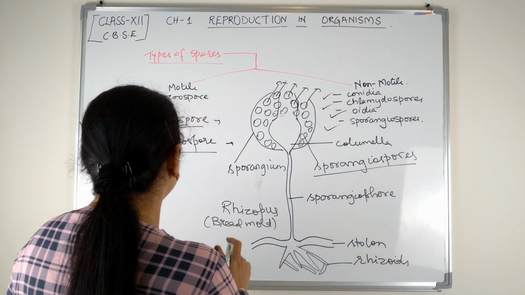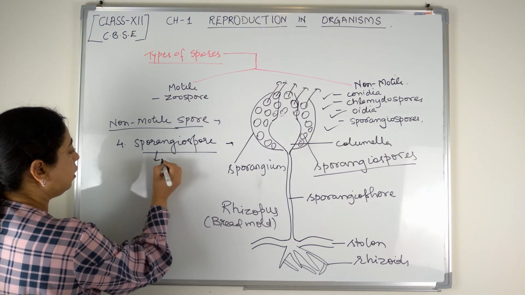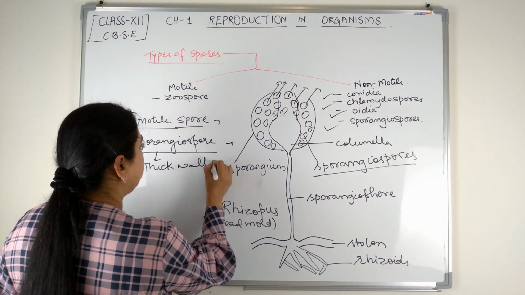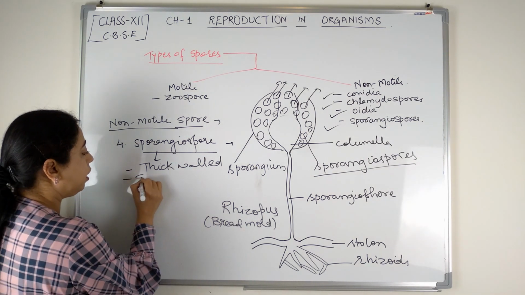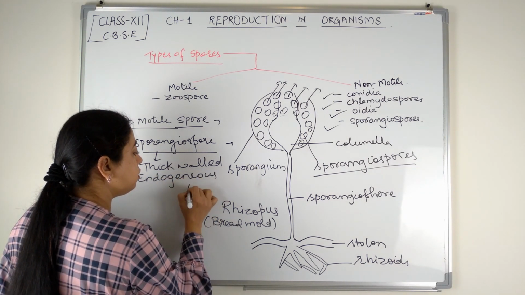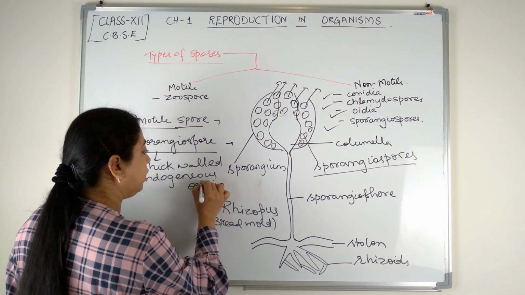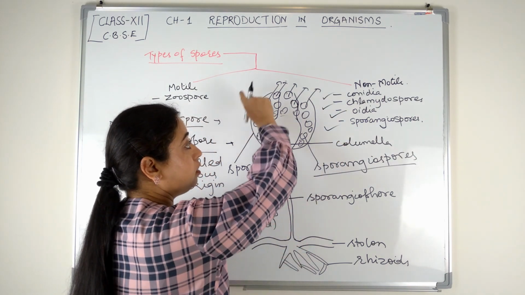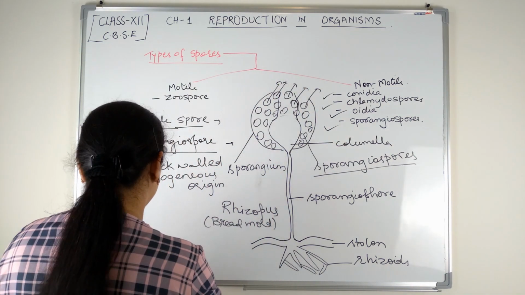Clear? So these are sporangiospores. They are thick-walled spores, and they are endogenous in origin. What is endogenous? I've already told you. Why are they endogenous in origin? Because they are formed inside a sac-like structure.